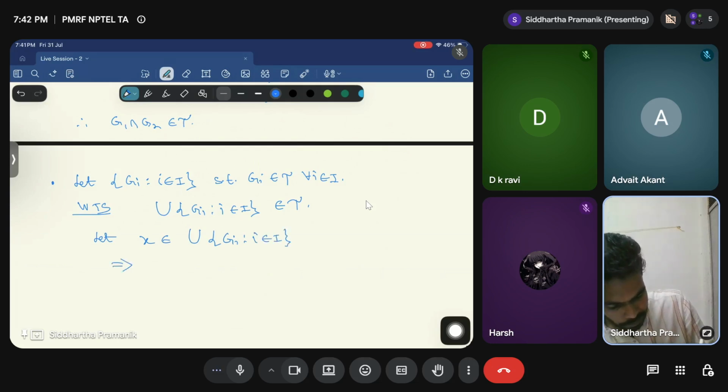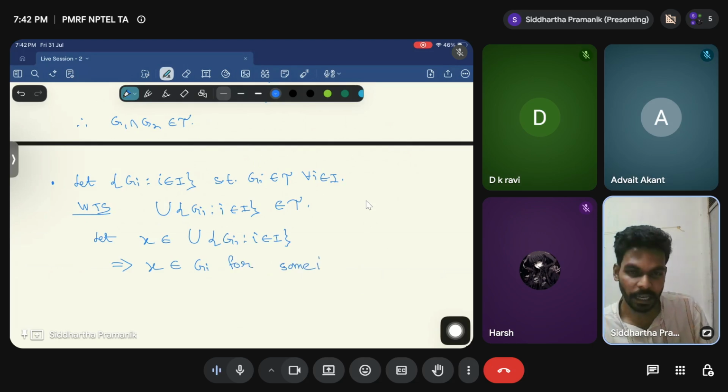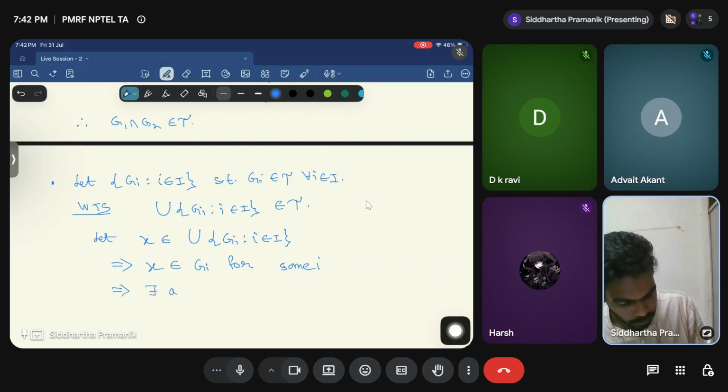So then by definition x belongs to some Gi for some i, but Gi is an open set. So this will imply there exists a positive such that aZ plus x is a subset of Gi.